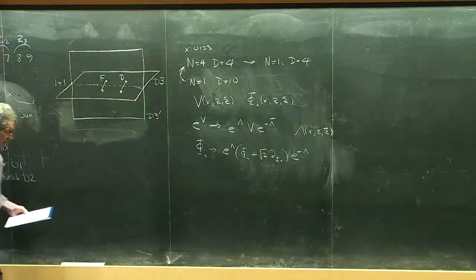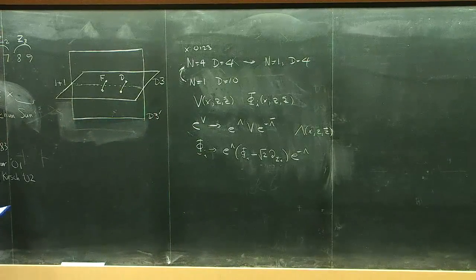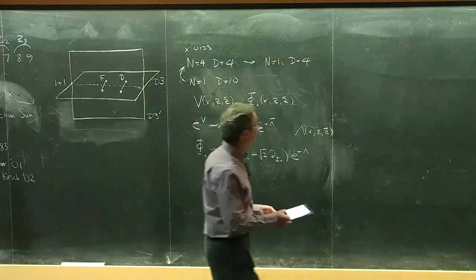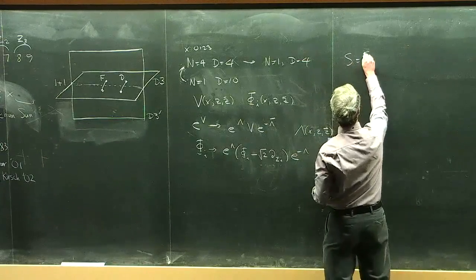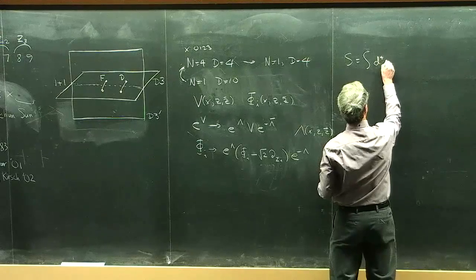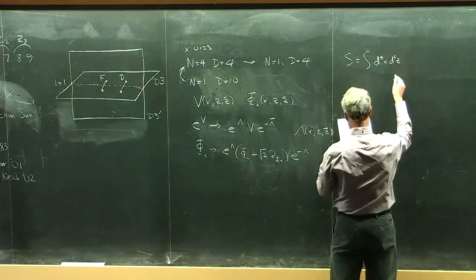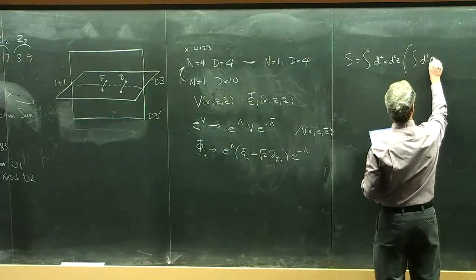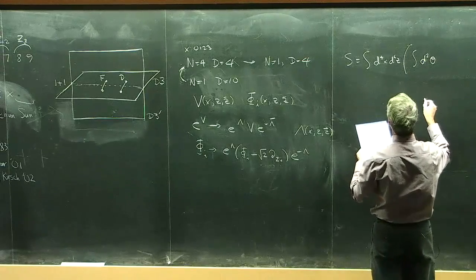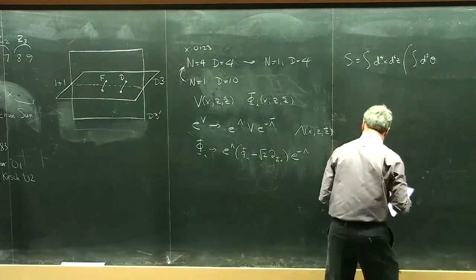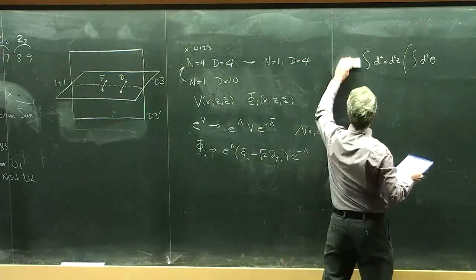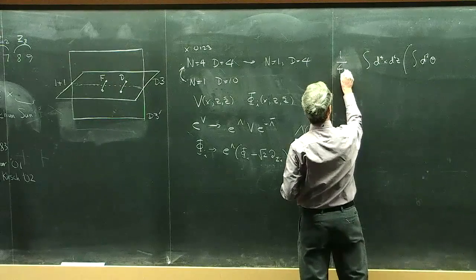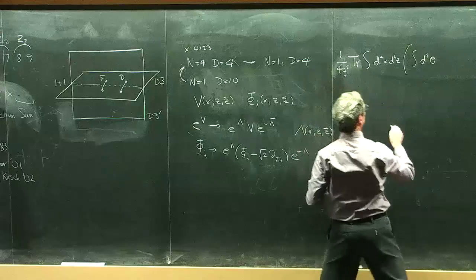And now you can write down an action with these fields that has these gauge invariances. I want to put a trace around everything.